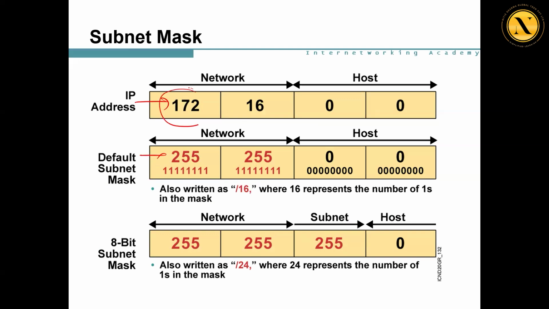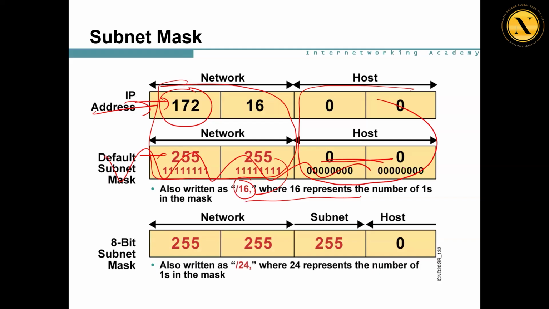So we know this is class B. So the first two octets go in the network portion, and the last two octets go in the host portion. This can also be written as /16. But if we change the subnet mask now from the default to, let's say, the new one, what happens?